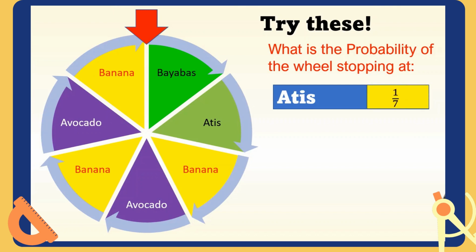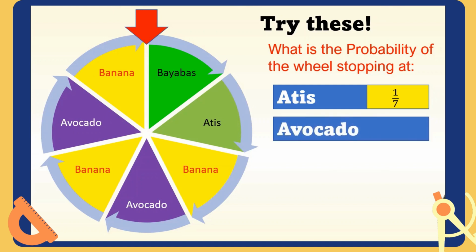Ito ay 1/7. Kasi meron lang tayong 1 part ng Atis. Kaya ang tsansa nito is 1/7. Meron lang siyang 1 tsansa sa 7 beses na paikutin ang ating wheel.